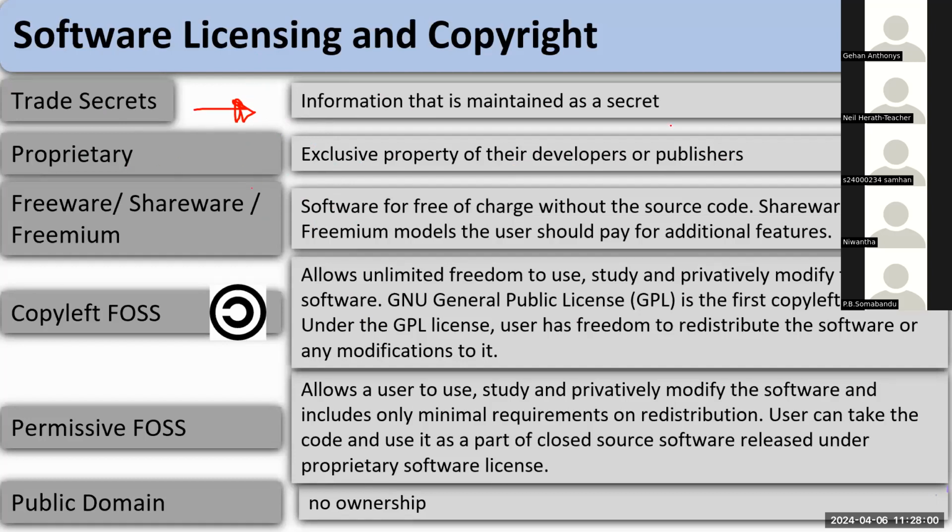And proprietary means who the publisher and who the developers are. As an example, you can develop, but you may not be able to publish because you may not have the money or the rules and regulations concerned. So you need to find some publisher. That is why it is the exclusive property of their developers or publishers.